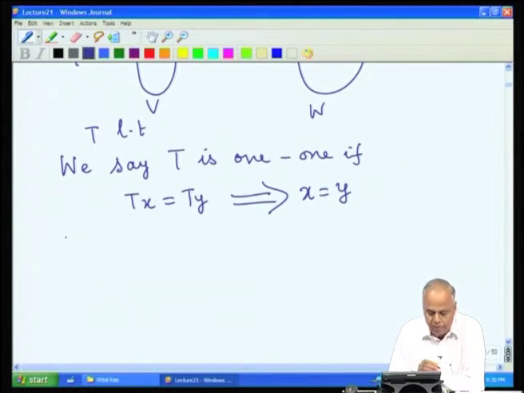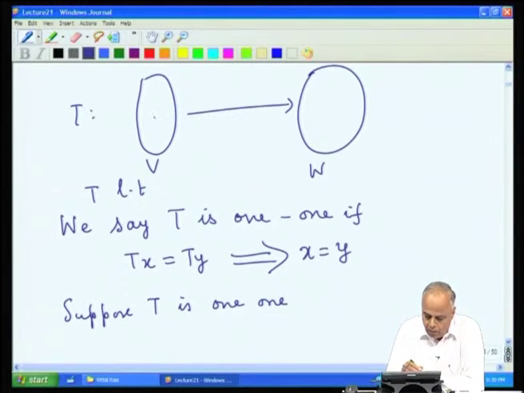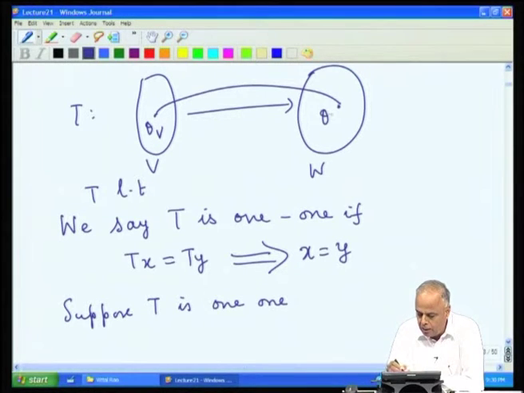Suppose T is 1-1. Then we already have the 0 vector getting mapped to the 0 vector of W. Any linear transformation maps the 0 vector to the 0 vector.